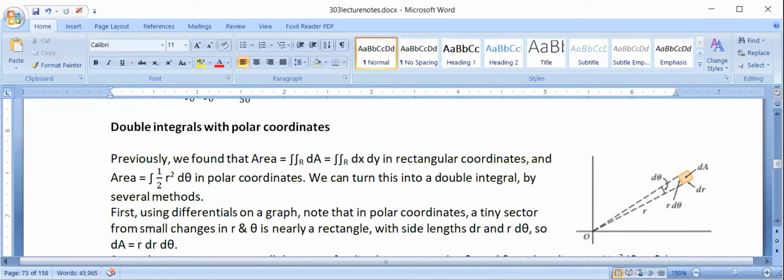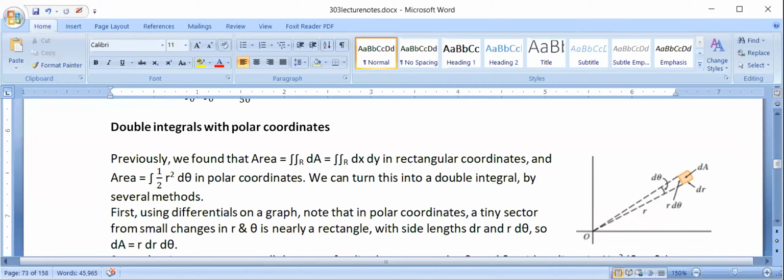That tells you that the area of that little dA bit is going to be r dr d theta. Now I'm kind of glossing over the fact that this isn't exactly a rectangle. Using other methods, we can prove that this approximation is actually exactly true. It's close enough to a rectangle for our purposes. One way to do that is to use geometry.